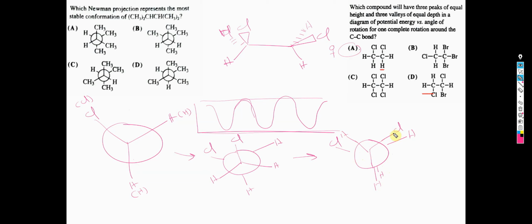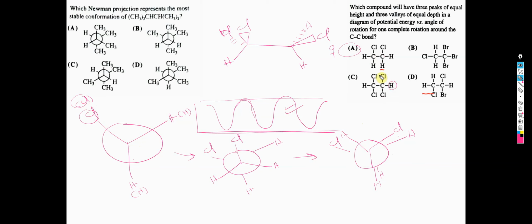because this one is going to have lower energy compared to this, because the two large chlorines are next to each other. So as long as you have three groups in the front that are different, you are going to have different energies. Therefore this one is not going to have an energy diagram that looks like this. Same story here, because these two chlorines are the same, whereas this hydrogen is different.